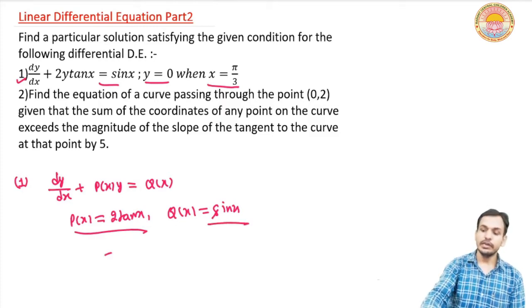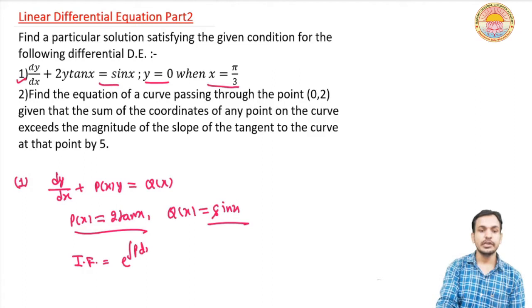Now to find the general solution, first we have to find the integrating factor. Integrating factor is equal to e raised to the power integral p dx, and in place of p we have 2 tan x. So integrating this, now we will get e raised to the power 2 into integration of tan x, integration of tan x means log sec x.